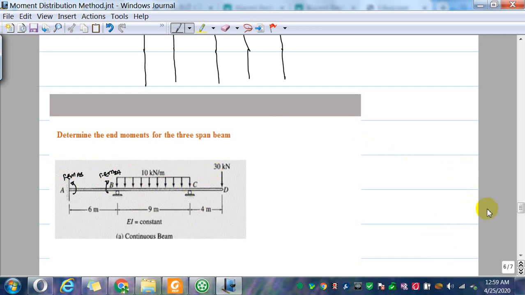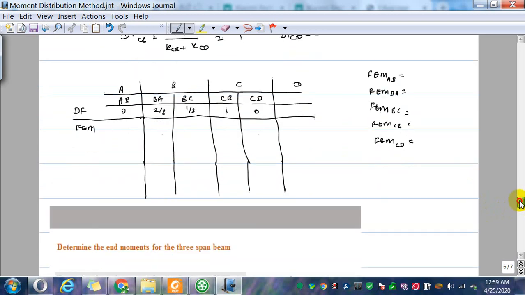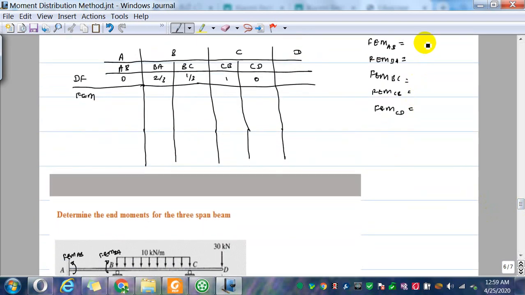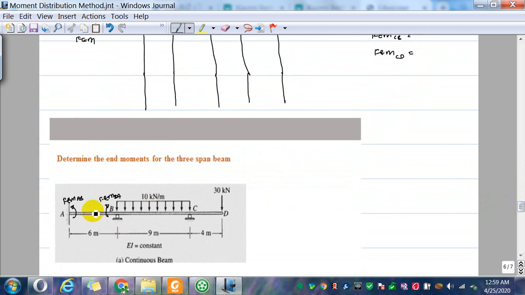But you have only 0 fixed end moment in this situation, because there is no external load acting on AB. Suppose B and C are fixed, then you have FEM BC and FEM CB.